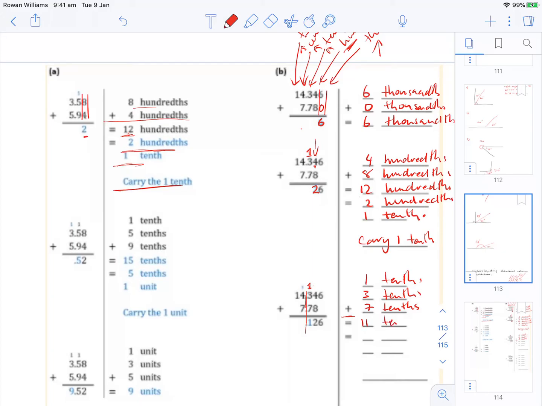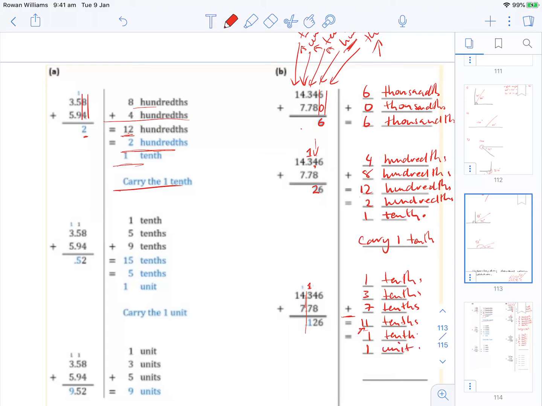Then I say what it equals in my tenths. So I've got 11 tenths. Now it's no good, I can only have the one number in my tenths column. So I have to realize that if I've got 10 tenths, then I can bundle them together and make 1 unit. So if I've got 11 tenths, I've actually got 1 tenth and 1 unit.